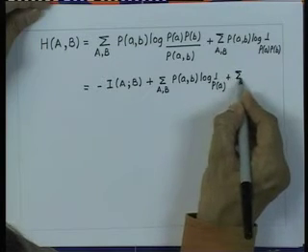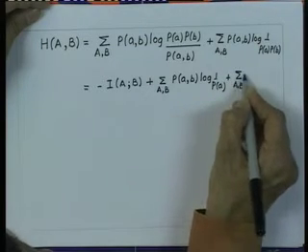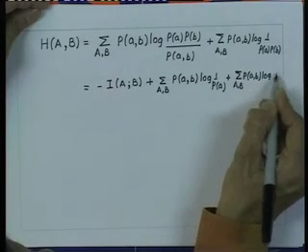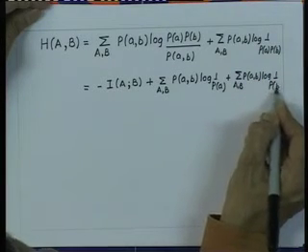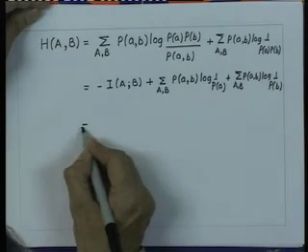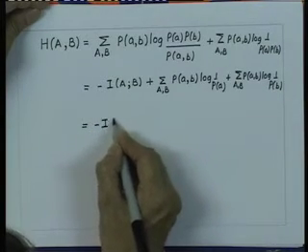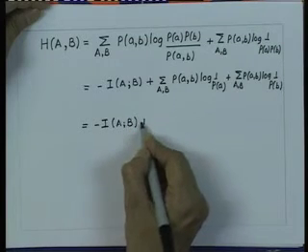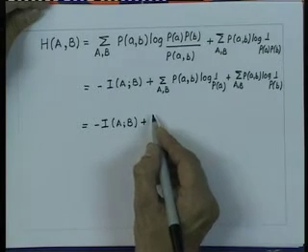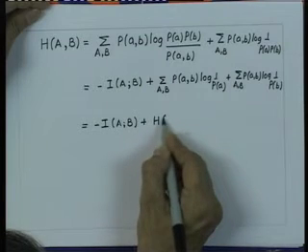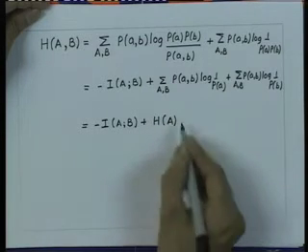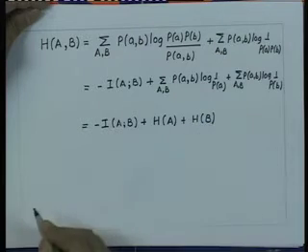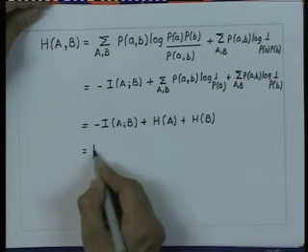Plus log of 1 by P B, and this can be simplified as mutual information plus entropy of the input alphabet plus the entropy of the output alphabet.